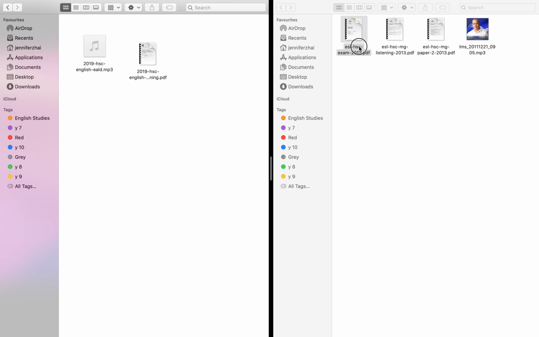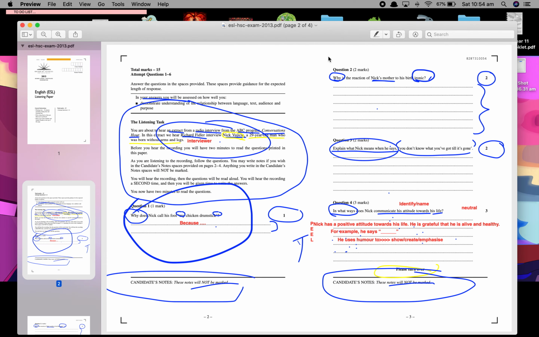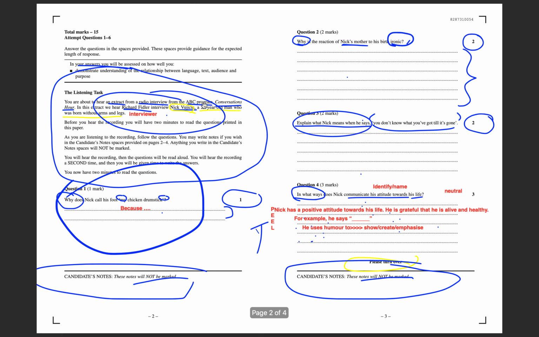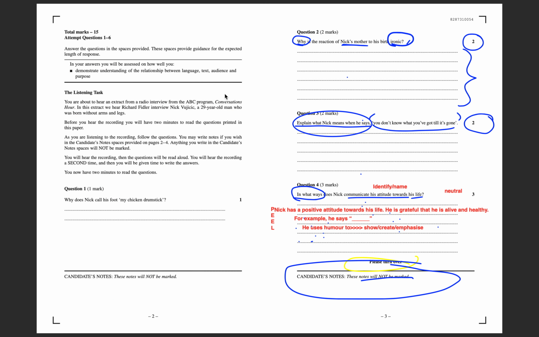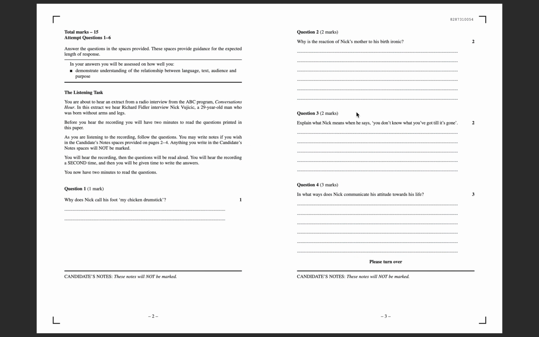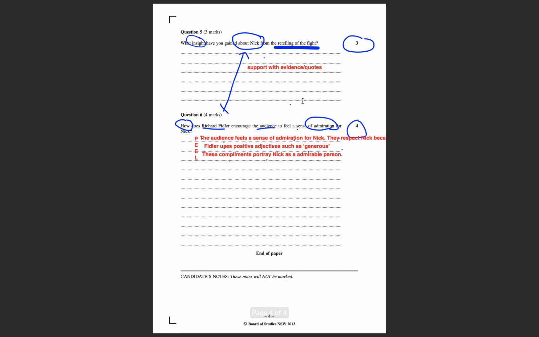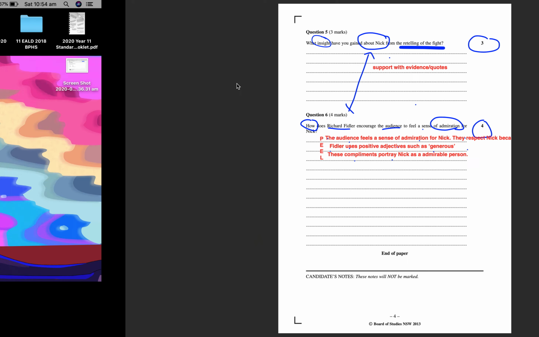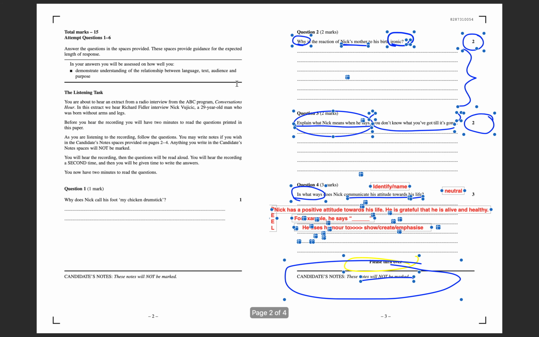Okay, so we are now going back to the 2013 paper. Please ignore all my scribbles.